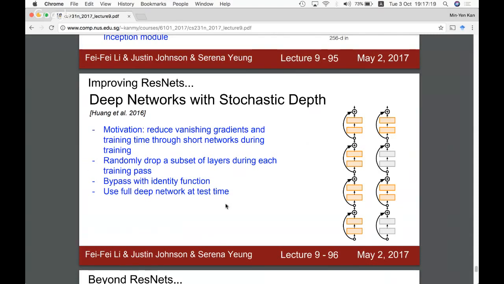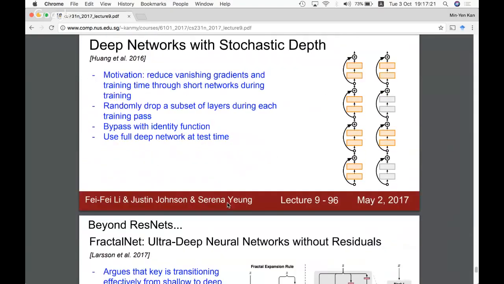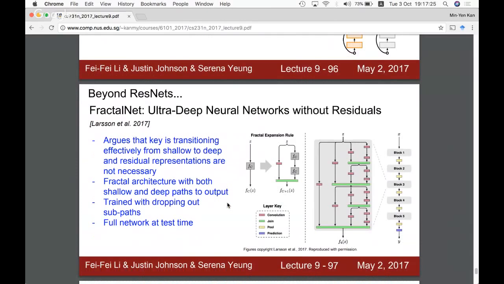So that's one. After this, we are going to talk about two or three networks which are moving away from ResNet. This one is a recent paper, 2017. The key argument for the fractal net is that residual representations are not necessary, and the key factor is how you transition from a shallow network to the deeper layers.